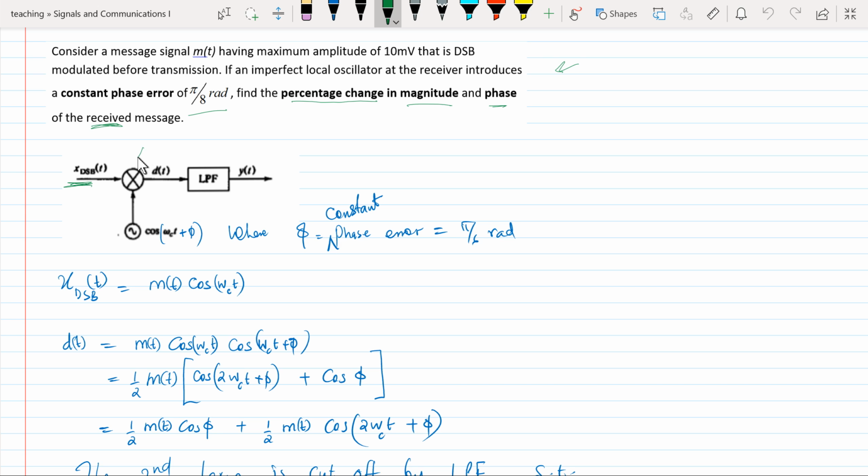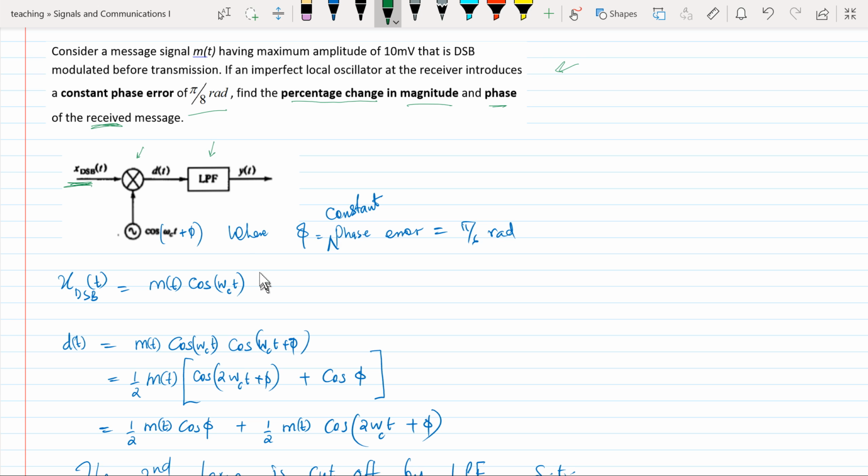What we get is a signal that we refer to as d of t, which normally has a high frequency component such that when it goes through a low pass filter, it is removed and you are only left with the desired message signal y of t.